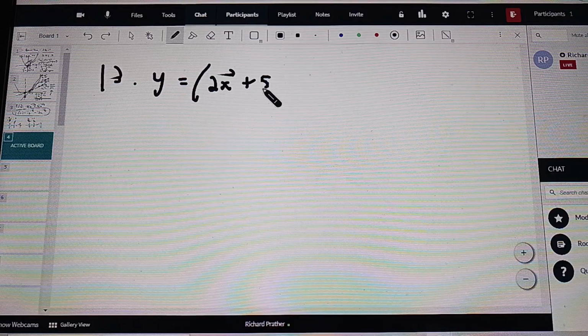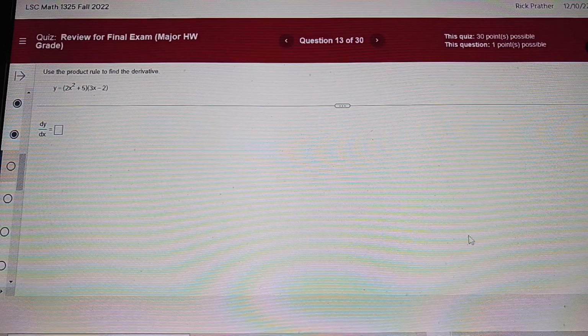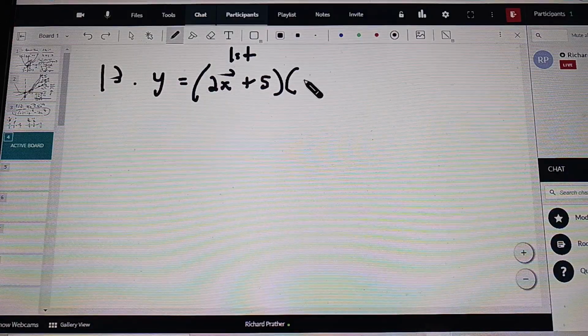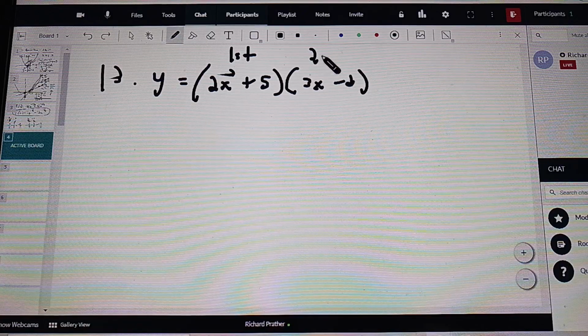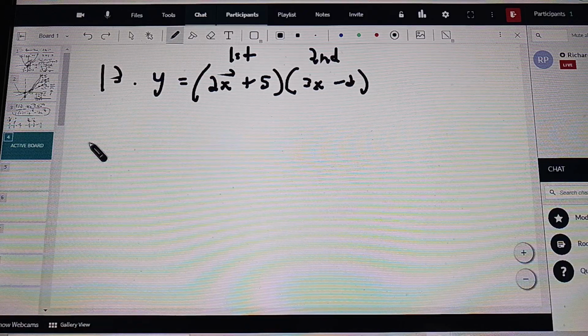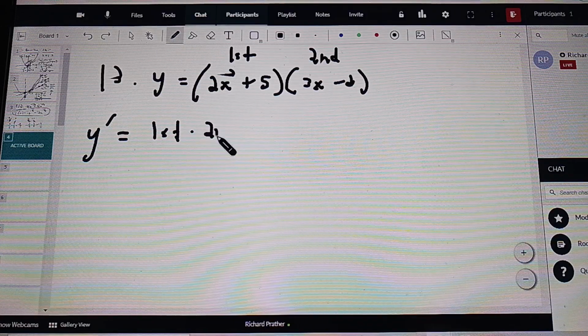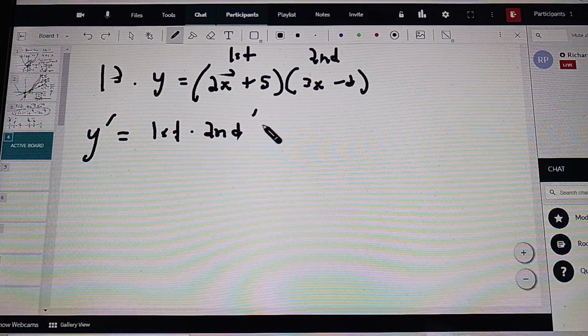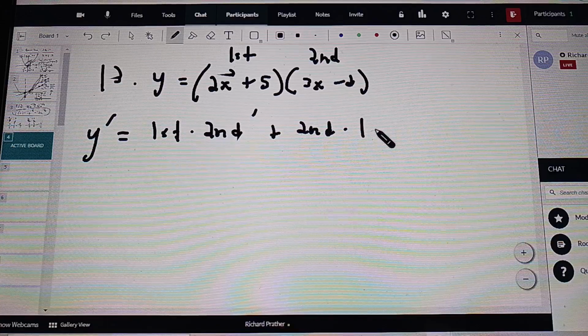This is considered to be the first function times 3x minus 2. That is the second function. So product rule again is first times derivative of the second plus the second times the derivative of the first.